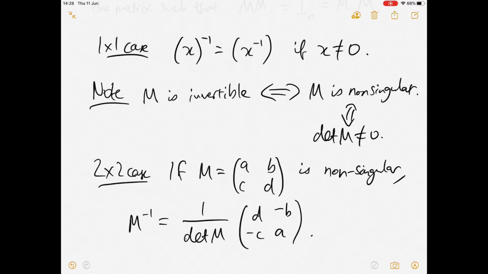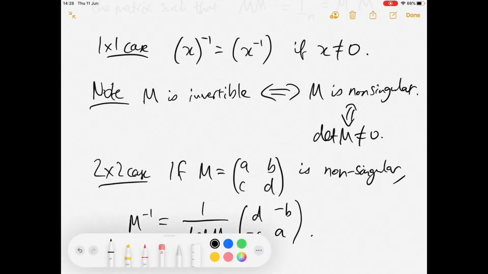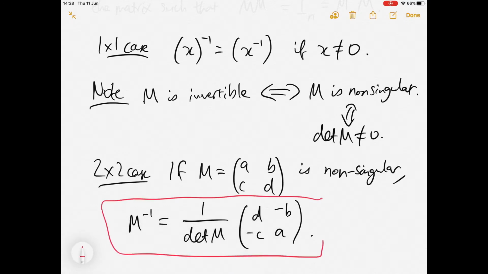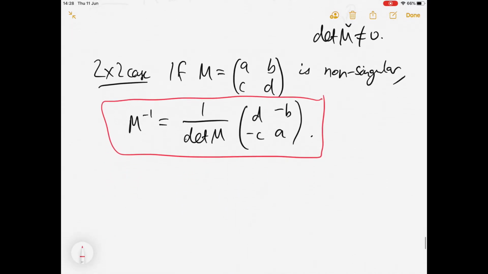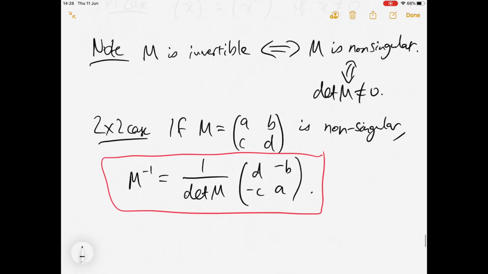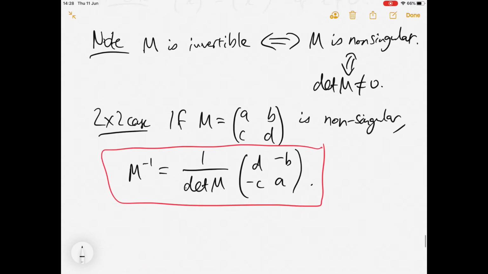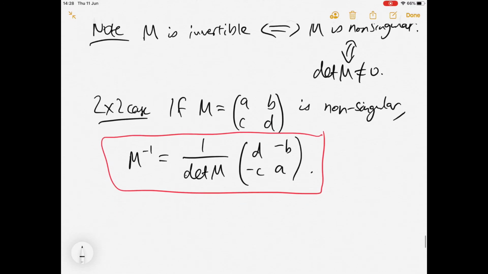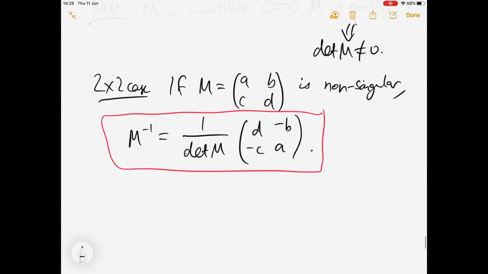This is an important formula, and we'll prove it a bit later, but not just yet.